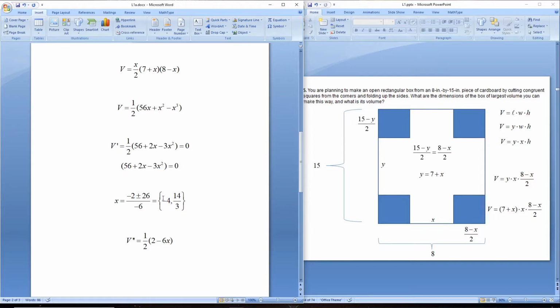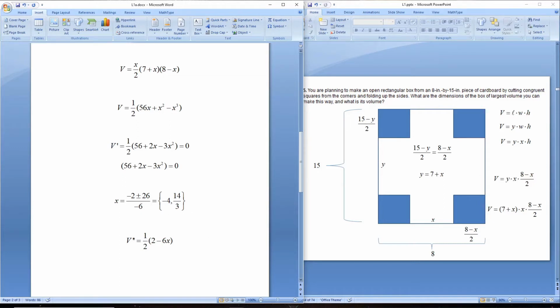So our critical numbers, we can test them in the second derivative. If we put our critical number in, and it turns out that we get a positive second derivative, well, that means our critical number is at a point where we have a positive curvature. We have a concave up. And so that means we would be at a minimum.